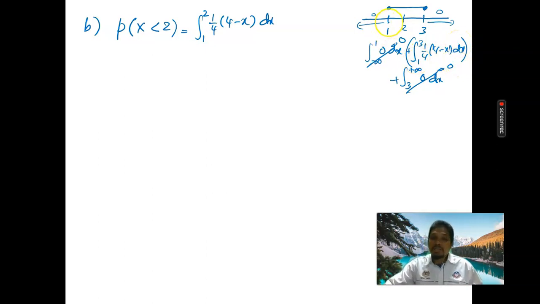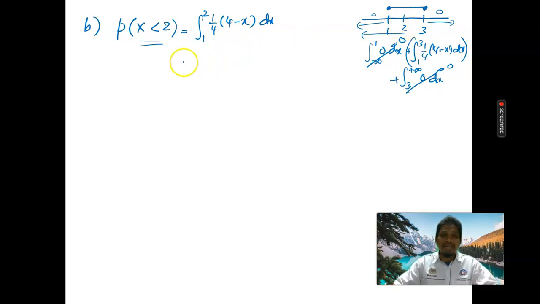Now, we just take half of this, from 1 until 2, according to this, x less than 2. Including here, but then there's no function. So we're talking about the integral of the function from 1 until 2 only. Again, 1 over 4 times (4x minus x squared over 2) from 1 until 2.